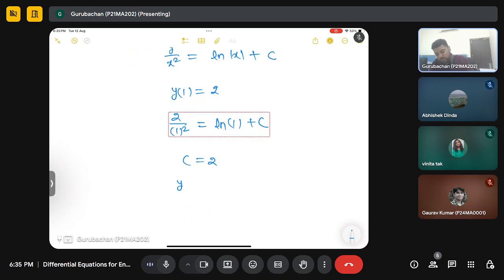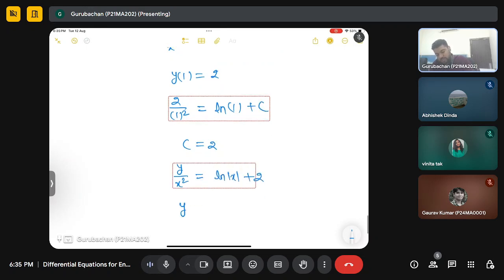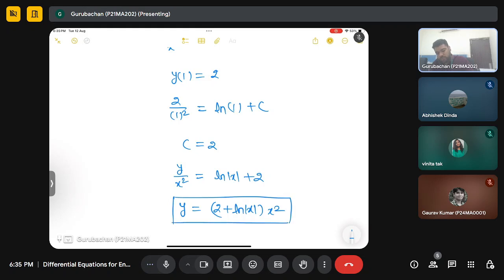So the answer will be y by x square equal to ln mod x plus 2, or you may write y equal to 2 plus ln mod x into x square. This will be your solution of the IVP.